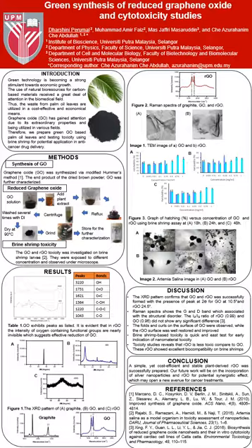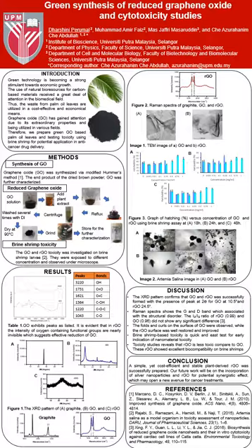Discussion. The XRD pattern confirms that graphene oxide and reduced graphene oxide were successfully formed, with the presence of peaks at 2 theta for graphene oxide at 10.5 degrees and reduced graphene oxide at 24.5 degrees. Raman spectroscopy results reveal two prominent peaks, which are the D and G bands.